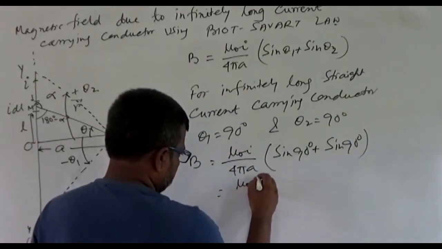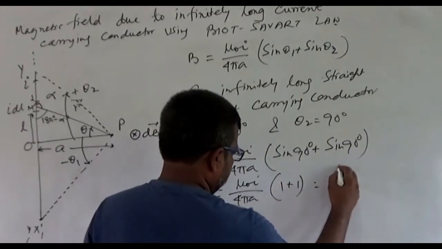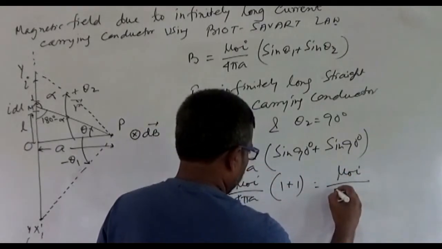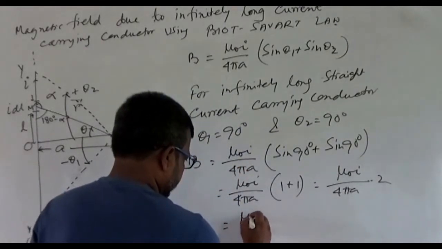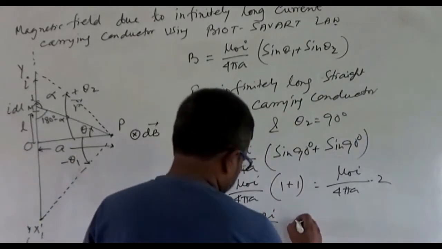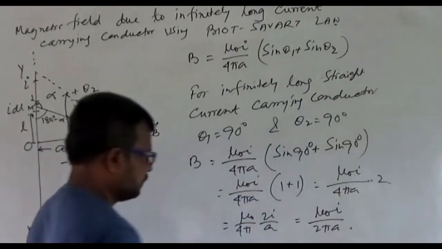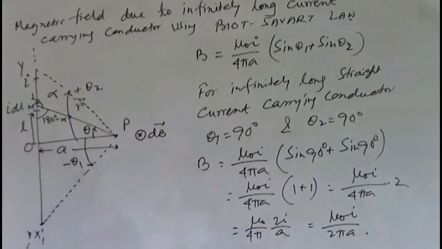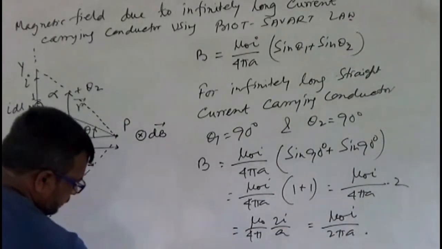That means you get mu naught I by 4 pi a into 1 plus 1, that is mu naught I by 4 pi a into 2, or you may write mu naught by 4 pi into 2I by a, and also you can write this as mu naught I by 2 pi a. This is the magnetic field due to an infinitely long straight current carrying conductor at a distance a.